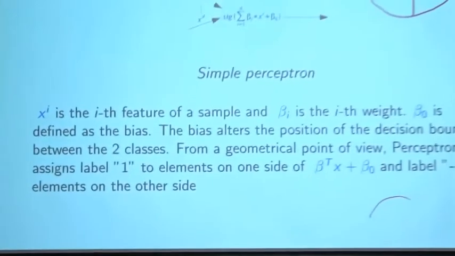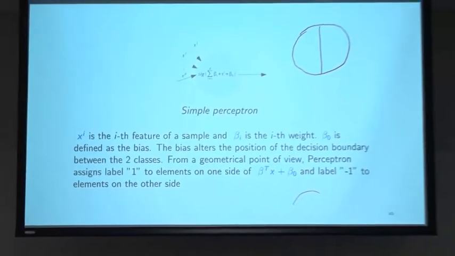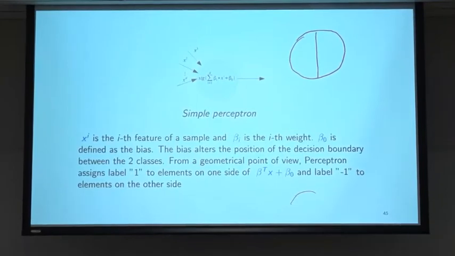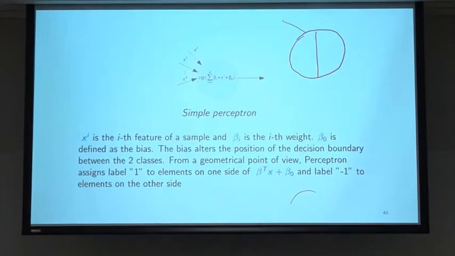Okay, a perceptron is basically a simple unit which has two parts. The first part of a perceptron simply computes a weighted sum of inputs.